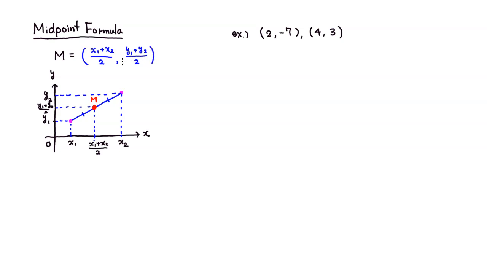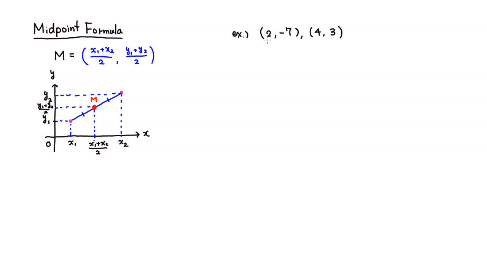All right? So let's quickly go over an example here. Let's say you have two given points, 2 comma negative 7 and 4 comma 3. So you have two points, and let's say we want to find their midpoint. All right, so let's do that. First we can just name the coordinates.